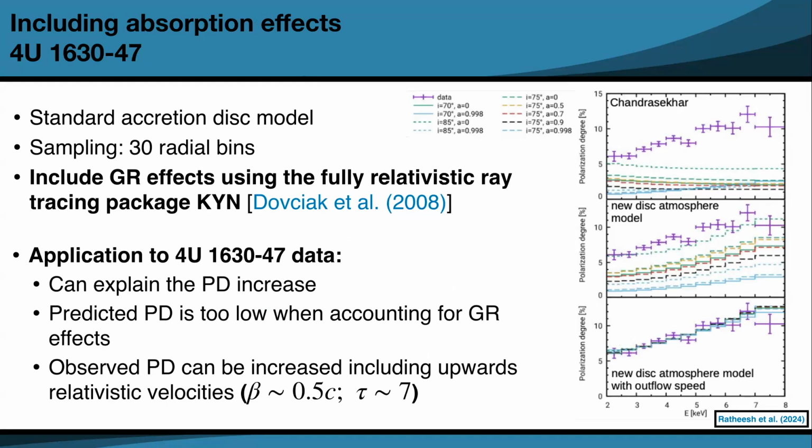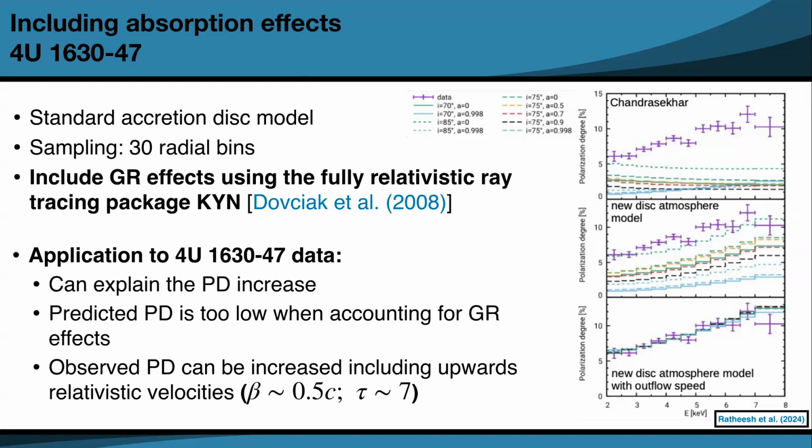A possible explanation that was proposed, that actually works but is quite extreme, is that the observed polarization degree is boosted by assuming that this highly ionized atmosphere is outflowing towards the observer with a quite large velocity. So we are talking about a relativistic velocity actually.